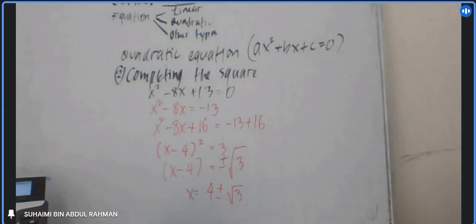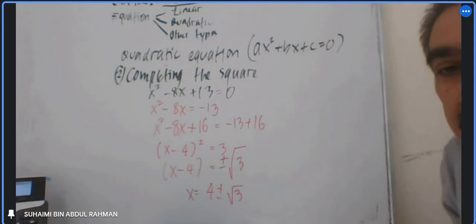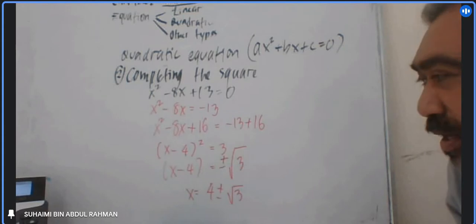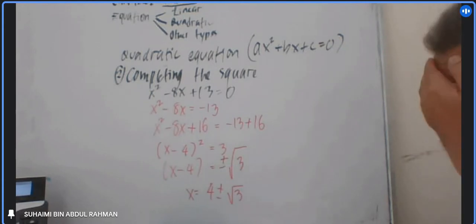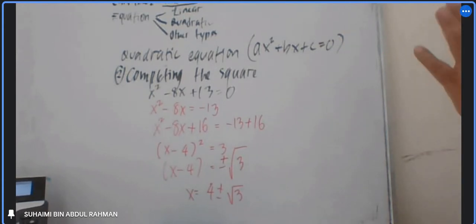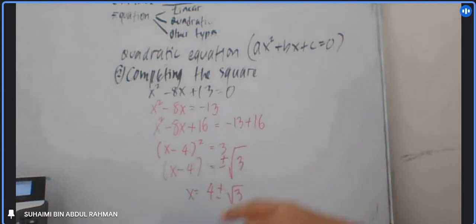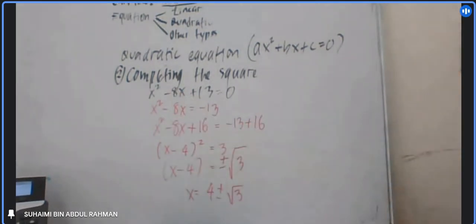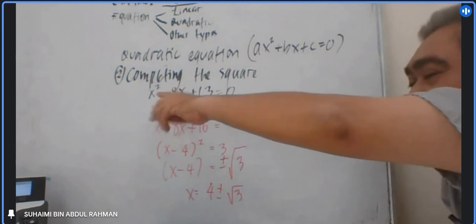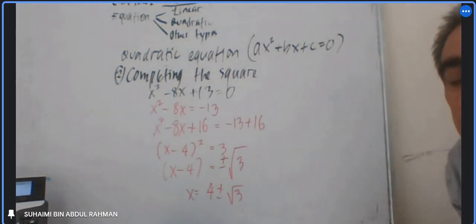X only is x equal to 4 plus minus square root of 3. You may ask, I said before that the number of x depends on the highest power of x. In this case, the highest power of x is 2.